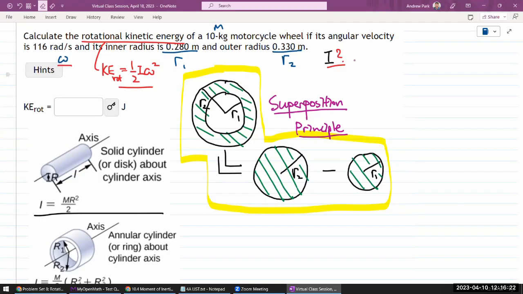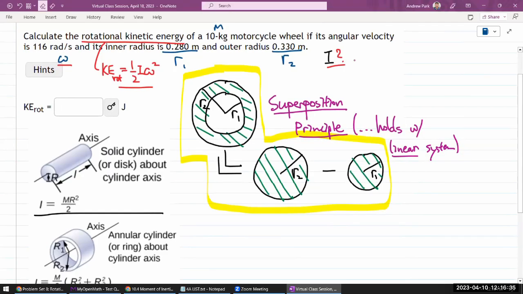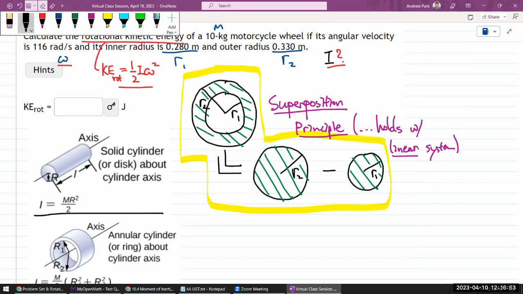This is a principle that holds with linear systems. I will leave the more precise definition of what linear means to your math class and future physics and engineering classes. For our purposes right now, we'll just say we're going to use the superposition principle to derive the rotational inertia of the wheel.